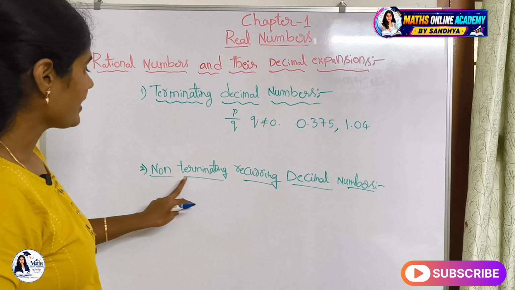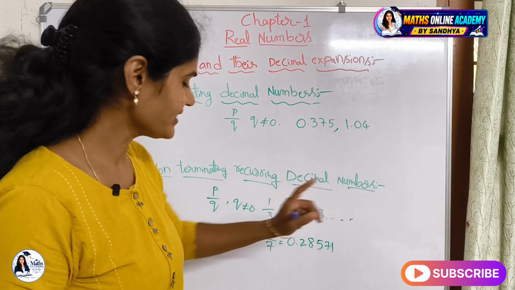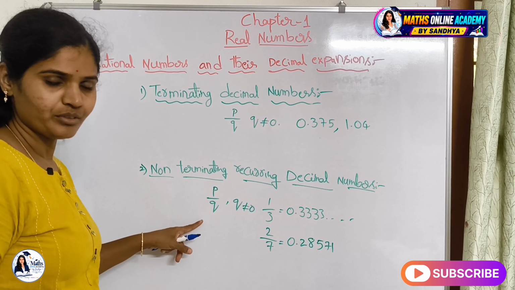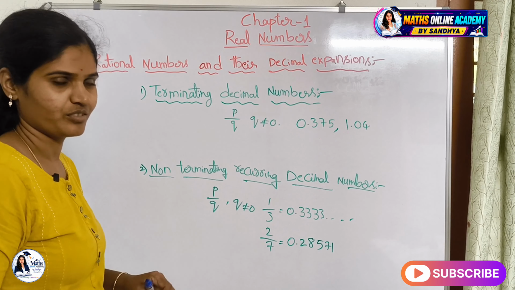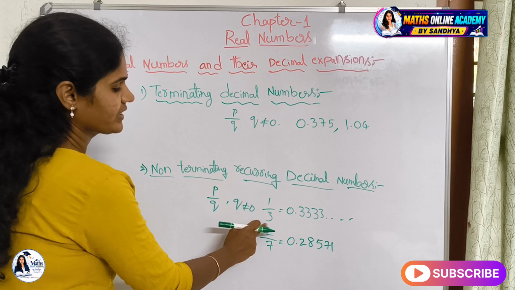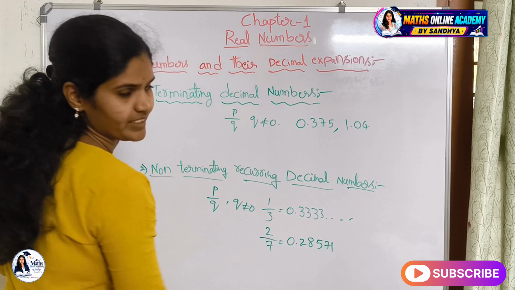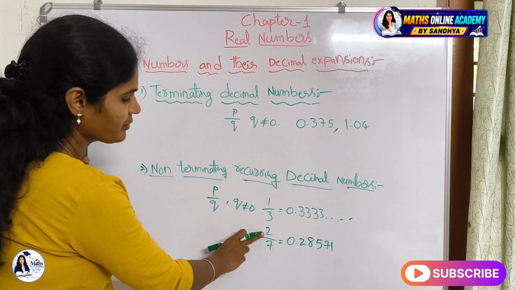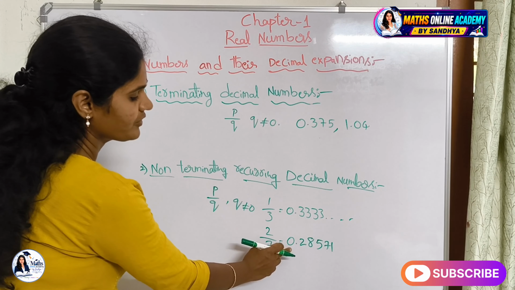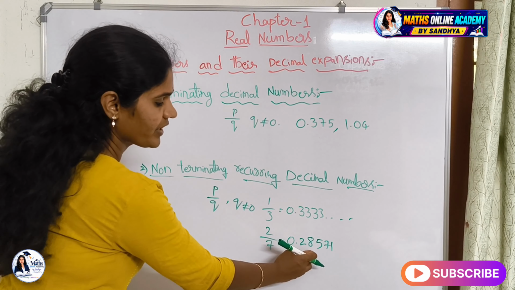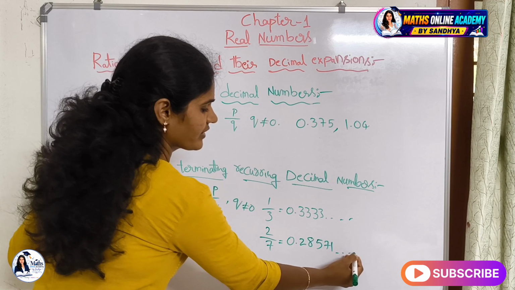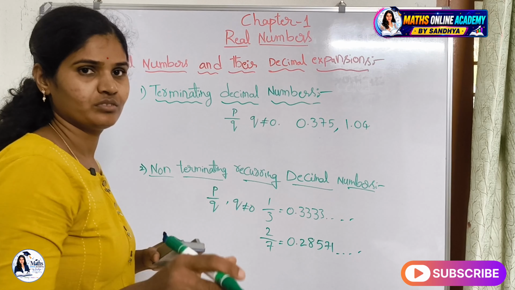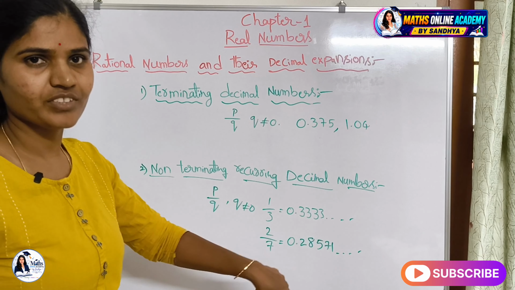And for non-terminating decimal numbers, p by q with q not equal to 0, an example is 1 by 3, which gives 0.3333. And 2 by 7 gives 0.28571 and so on. It doesn't end, it will continue.